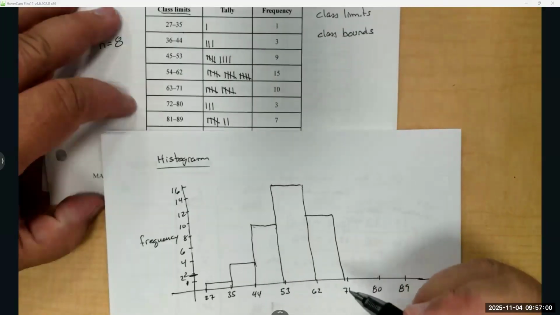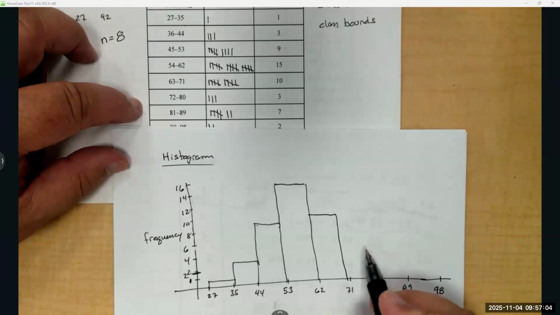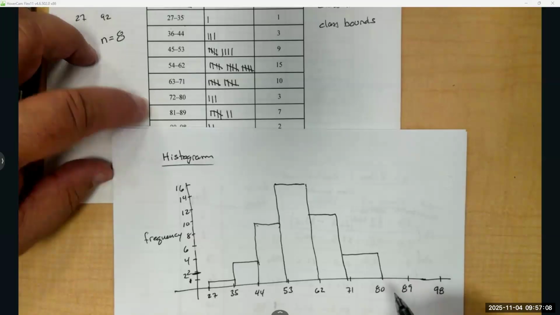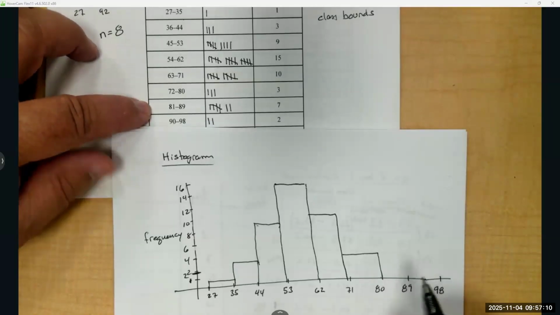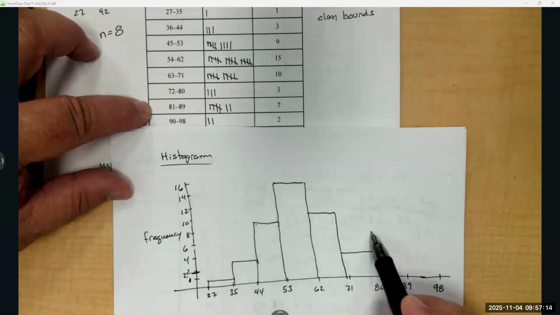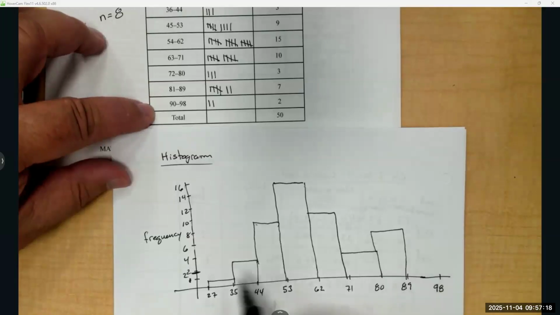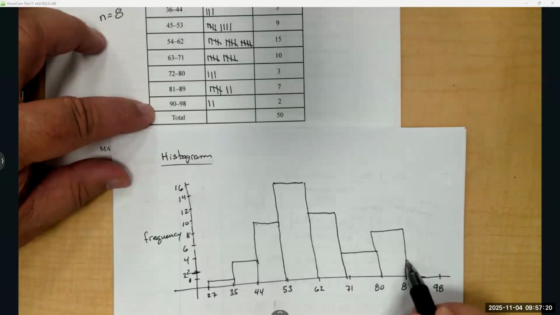And from 72 to 80, there are 3. From 81 to 89, there are 7. And then from 90 to 98, there are 2.